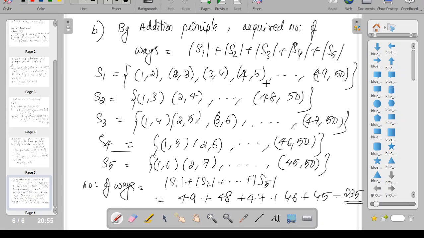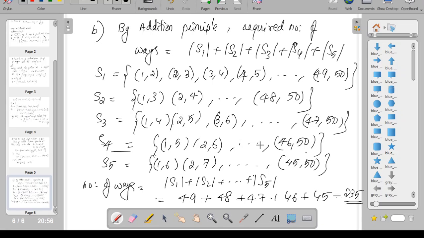So there will be 49 elements. Similarly for S2 we take (1, 3), then (2, 4) up to (48, 50). So 48 will be there. S3 is (1, 4), (2, 5), (3, 6), then (47, 50). Similarly for S4 we take (1, 5), (2, 6), then (46, 50), and we have already seen S5.